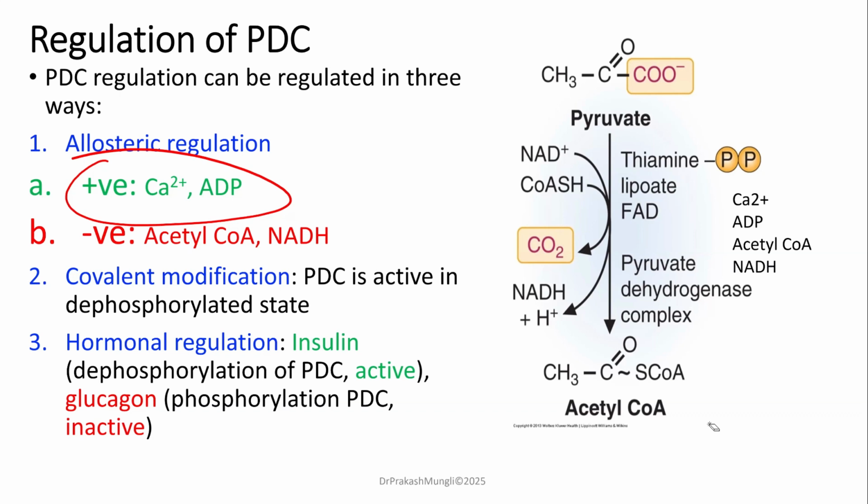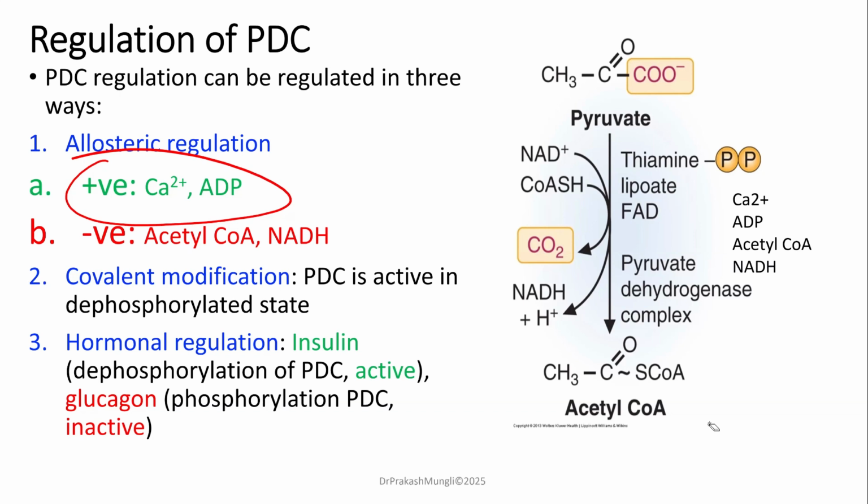Which is your positive modulator of glycolysis in extrahepatic tissues? What is the most regulated enzyme in glycolysis? PFK1. In the extrahepatic tissue, which is the positive modulator of PFK1? AMP. Remember AMP? Whereas in liver, it is fructose 2,6-bisphosphate, but in all other tissues, it is AMP. And what is the indication of the energy status of the cell when there is more AMP?